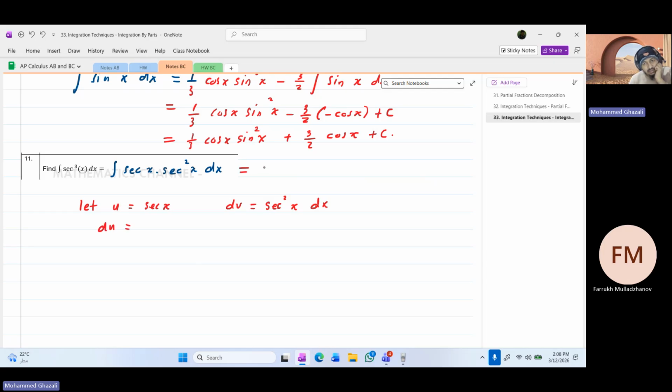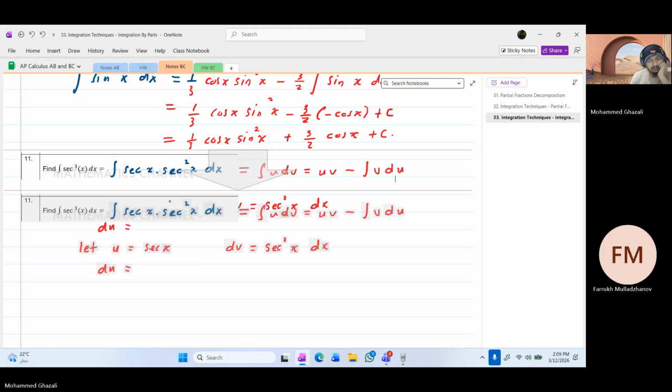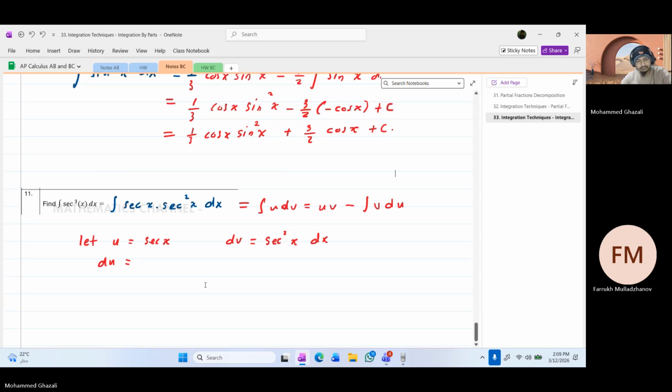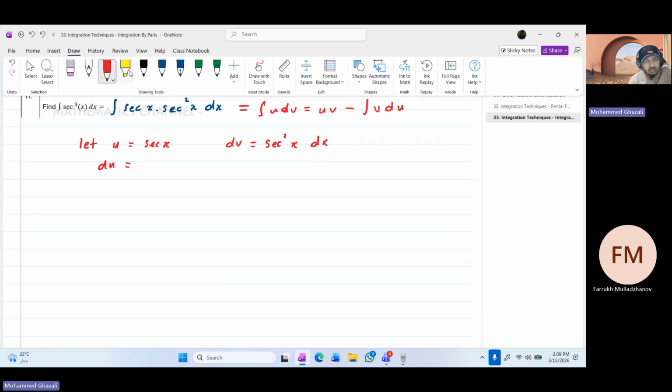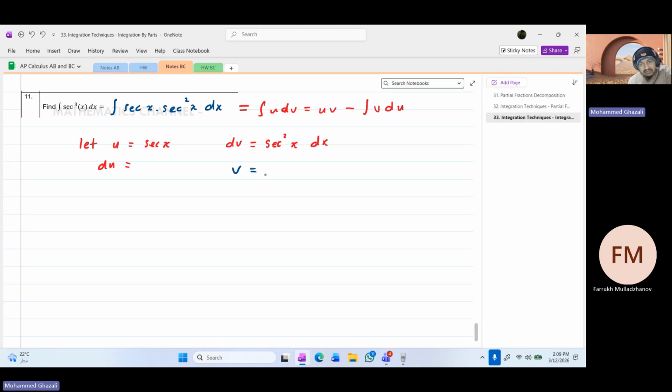Remember, we're using the formula: the integral of u dv is equal to uv minus the integral of v du.